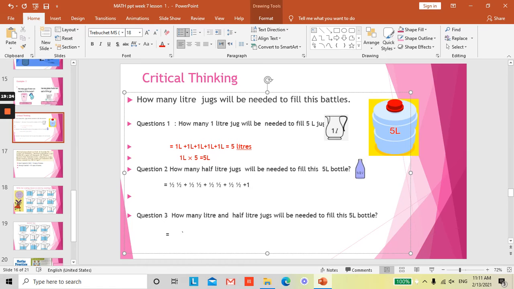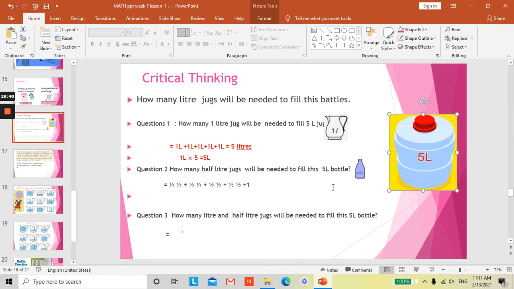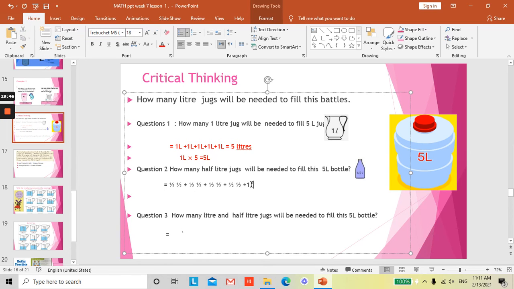We say 2 half liters is equal to 1 liter. And then we need to make 5 liters to fill this big 5-liter bottle that we have here. So we are going to have another half bottle.